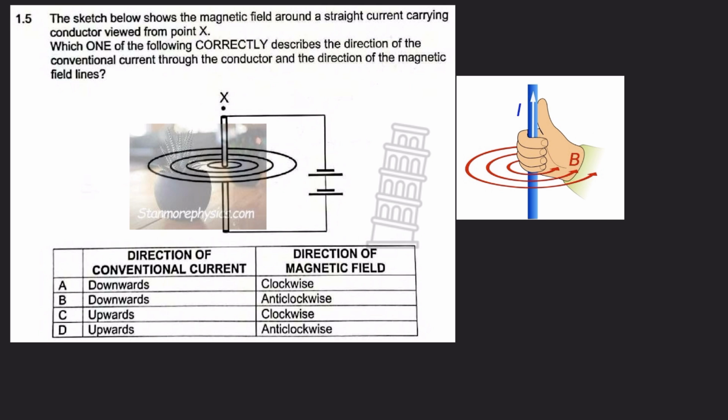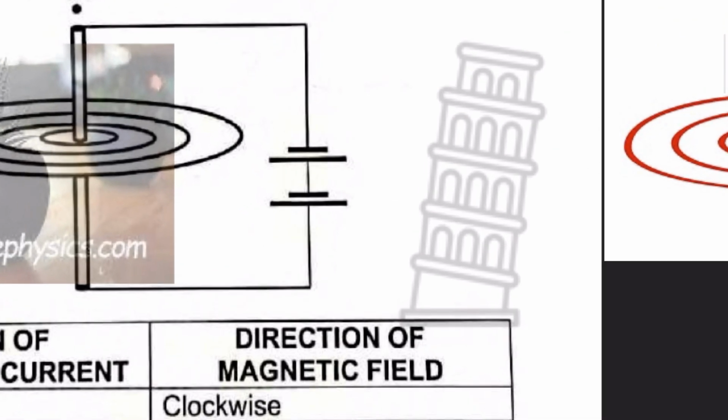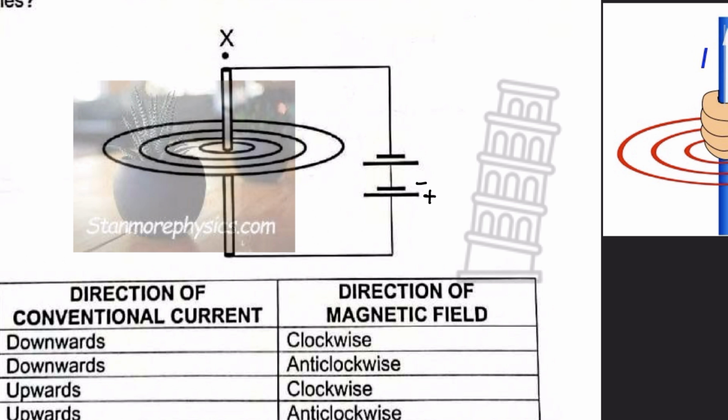So to get the direction of the conventional current, we need to look at the cells. This is the positive terminal. That is the negative terminal. Conventional current flows from the positive terminal to the negative terminal, meaning it's going to go in this direction. Let me just do it like this, like so.